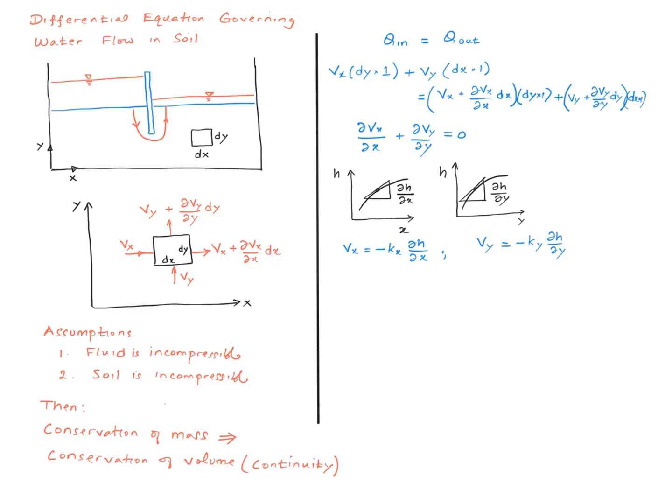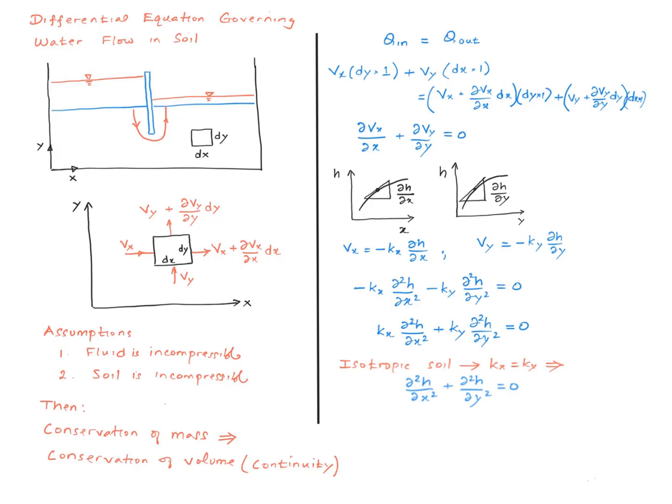Now this is because a real soil can be anisotropic. That means the permeability in the horizontal and the vertical directions could be different from each other. So to keep things general at this point, we will use different permeabilities in these equations. So substituting these in this equation, the equation simplifies to this.